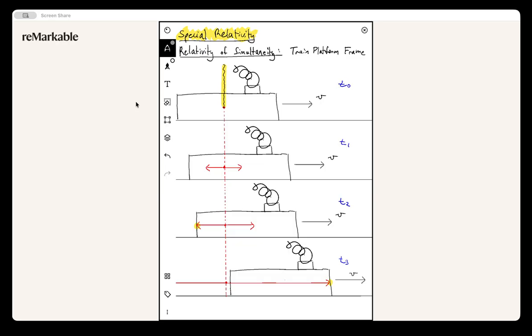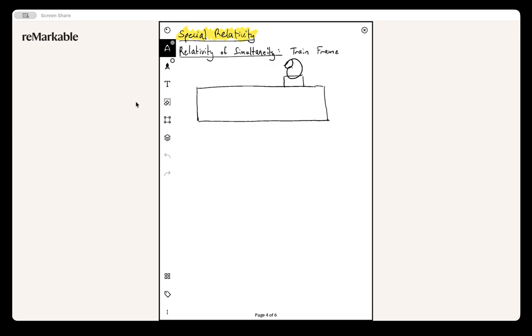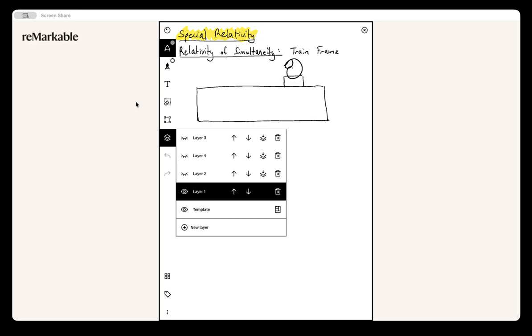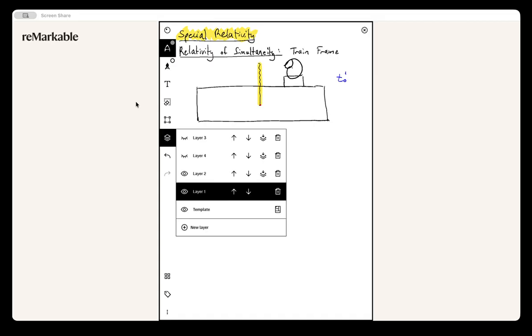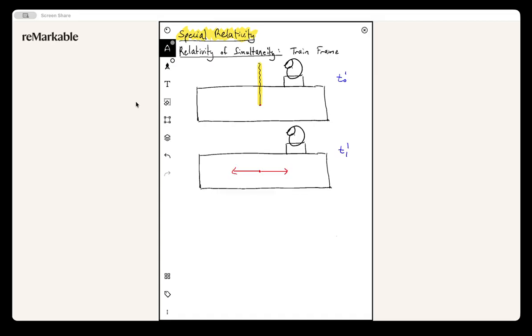Now what happens if we switch, like I said, we can, to the reference frame of the train, which is also an inertial reference frame. We see the same event of the light hitting the center of the train at, I'm going to call this t naught prime, the measurement from the frame of reference of the train, of that same event will lead to the light emanating in both directions.